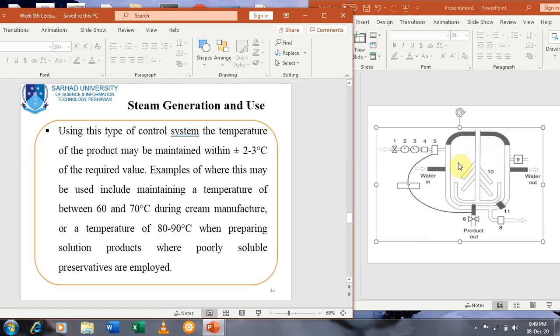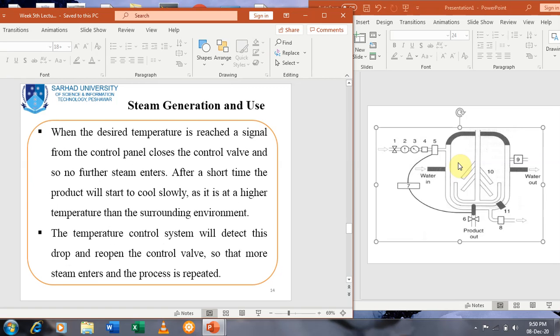A temperature of 80 to 90 degrees centigrade is used when preparing solution products where poorly soluble preservatives are employed. In order to enhance the dissolution of the poorly soluble preservatives, we prepare the solution products at a temperature within 80 to 90 degrees centigrade as required.